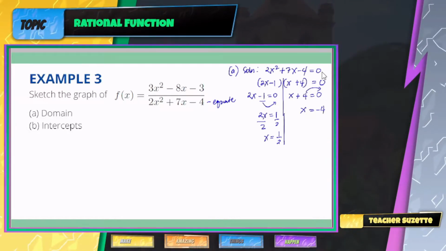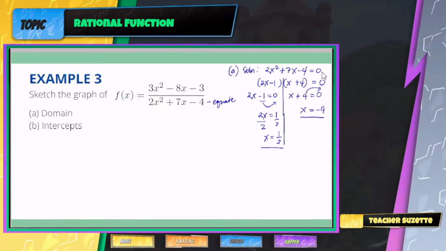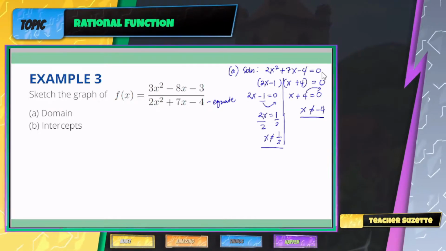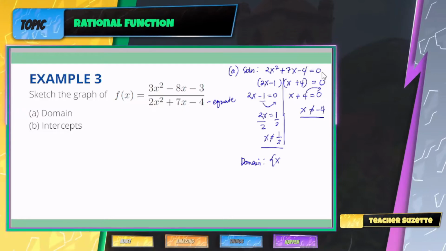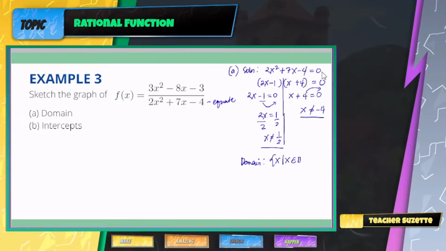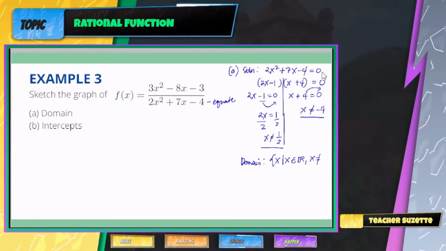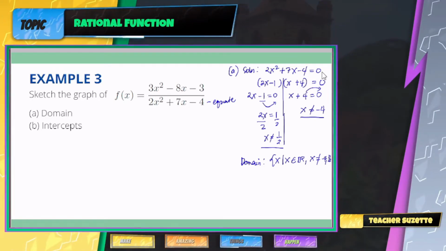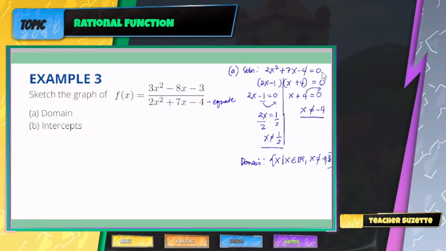So another restriction of our domain is x should not be equal to negative 4 and positive 1/2. Therefore, the domain is x such that x is an element of the real numbers where x is not equal to negative 4 and 1/2.